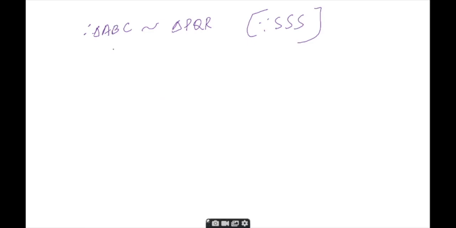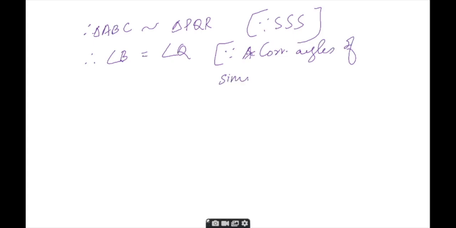So if these two triangles are similar, what can you say about the angles? Therefore, angle B is equal to angle Q, because we know corresponding angles of similar triangles are equal.